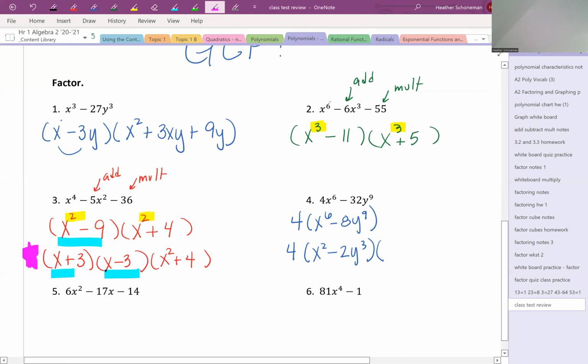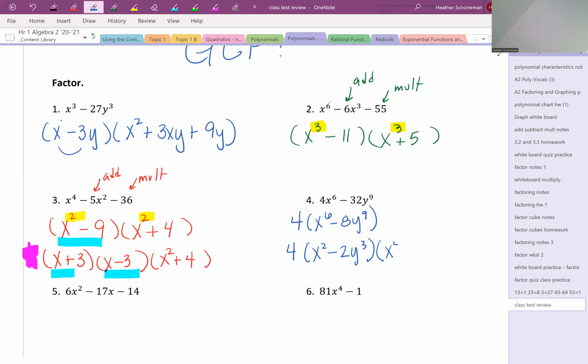This is cubes. Parentheses don't match. I'm going to square x squared, which gives me x to the 4th. Change the sign. Multiply the two things together, writing your letters in alphabetical order. The last sign is always plus. Square 2y cubed. Well, 2 squared is 4, and y cubed squared, you do 3 times 2, which gives you 6.